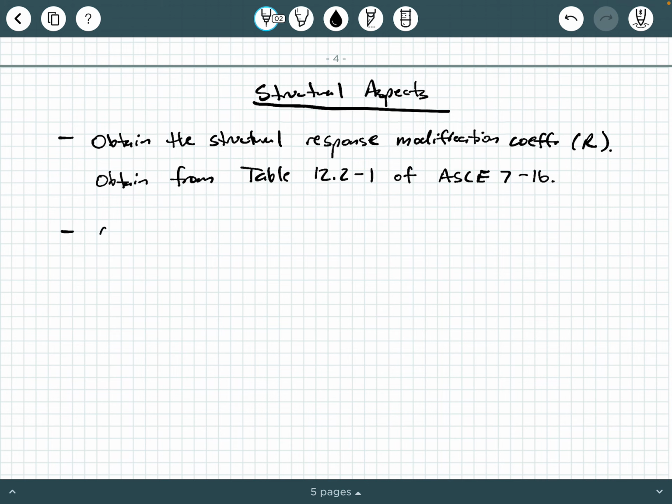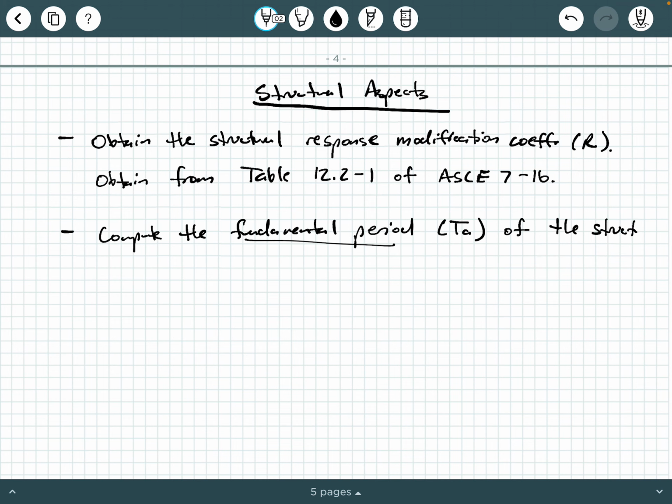The next thing you do is you're going to compute the fundamental period, which is called T sub A, of the structure, okay? And so you're going to reference section 12.8.2.1 of ASCE 7-16, okay? Now, notice there's a few different versions of this formula.